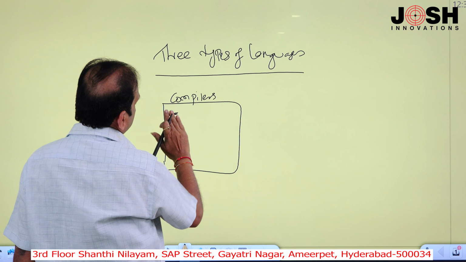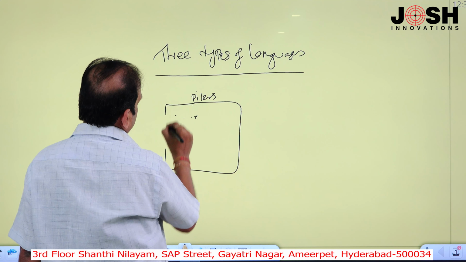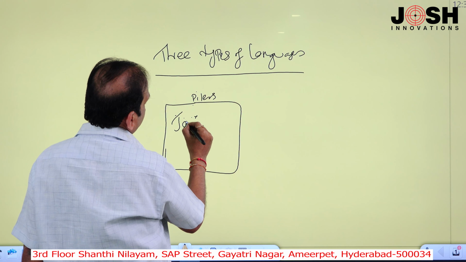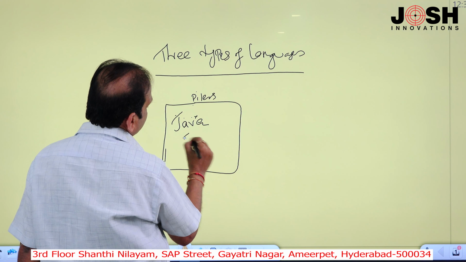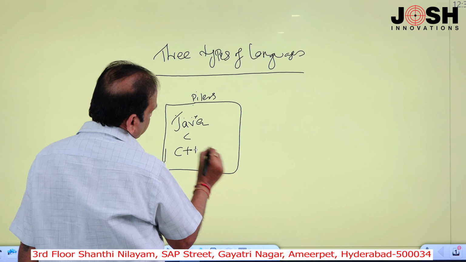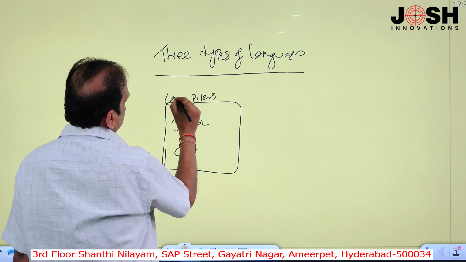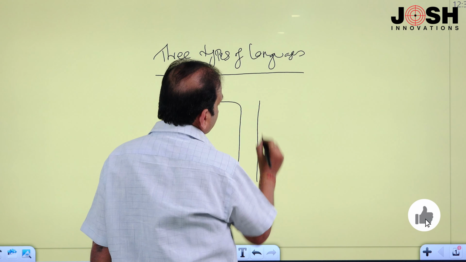For example, Java uses compilers, C uses compilers, C++ uses compilers.